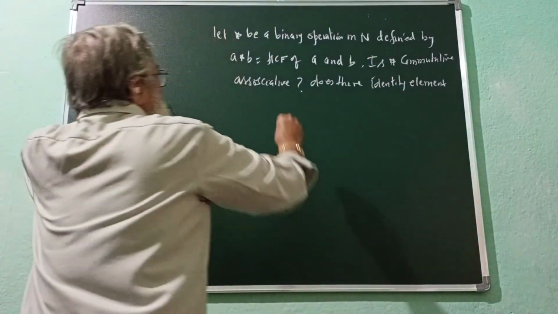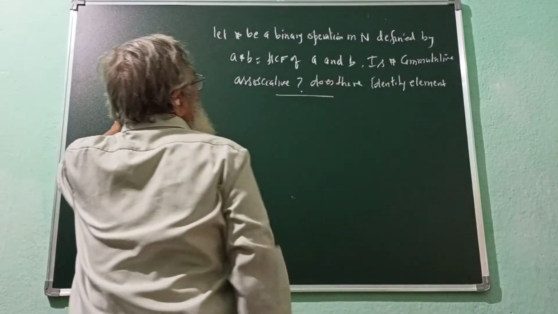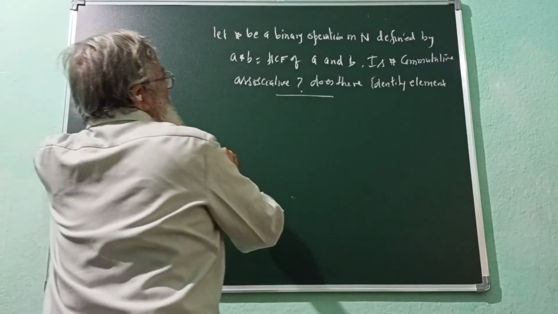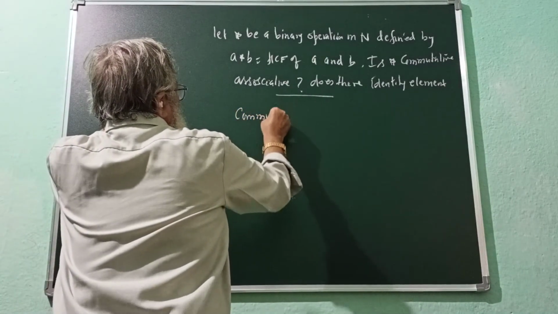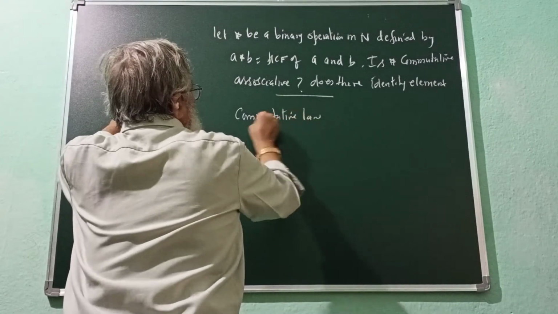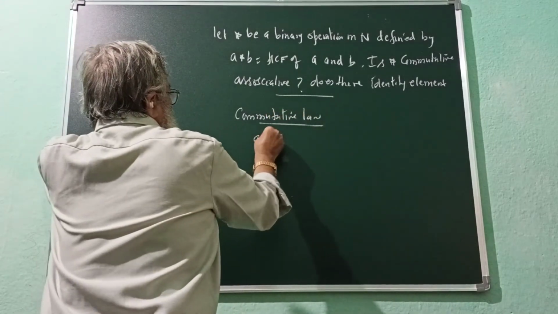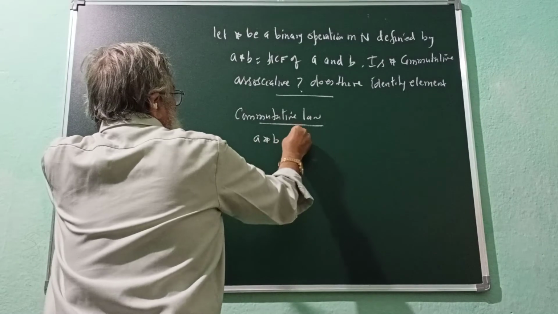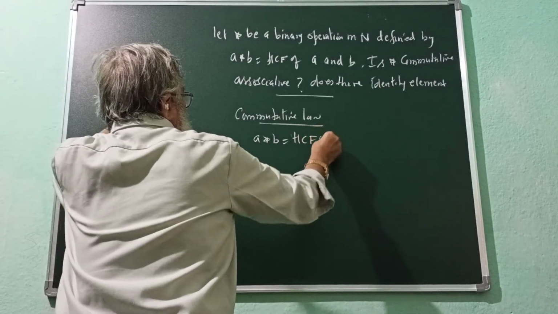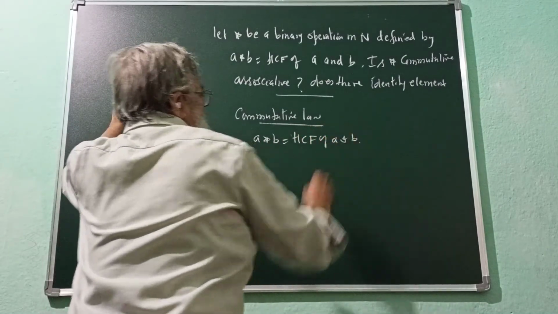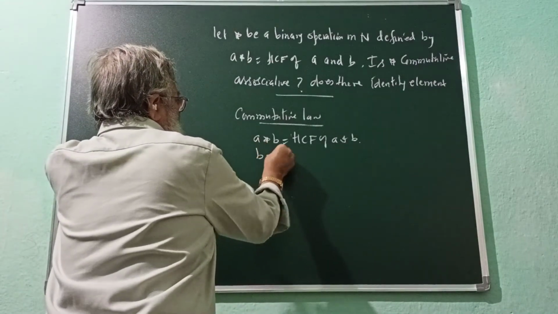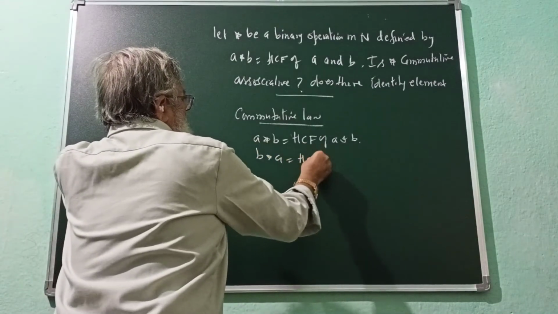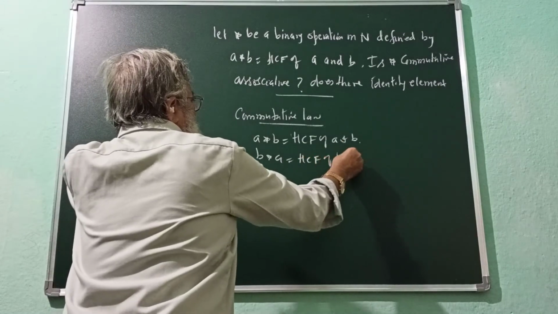First one is the commutative law. If you find A star B, it means we have to find the HCF of A and B, which is some number. Similarly, if you take B star A, then also we have to find the HCF of B and A, which will be the same number.